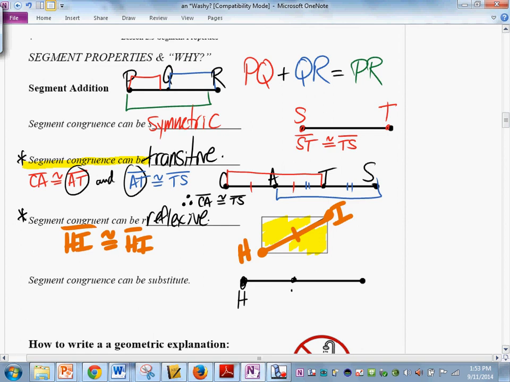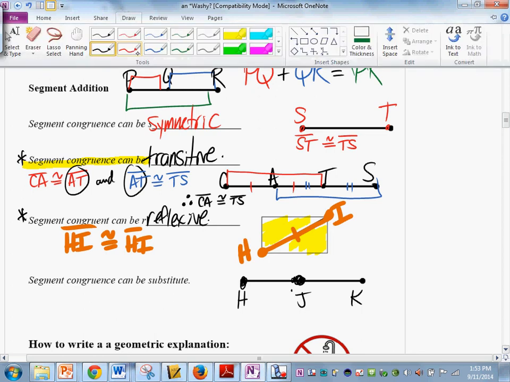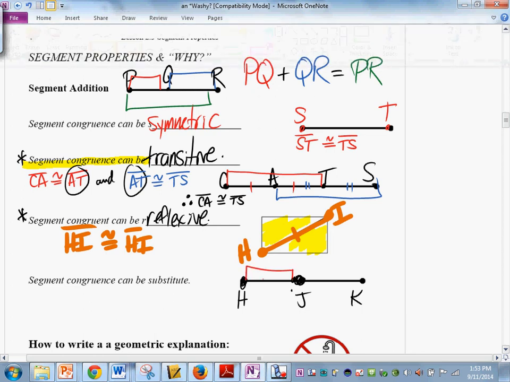Sorry about that. Okay, let's do H, J, and K here. It's our last one. We'll take a break. Let's say HJ, the distance H to J, is 5. Write it down. Put a little bracket. And let's say we also know that HJ is equal to JK, so hatch markers.